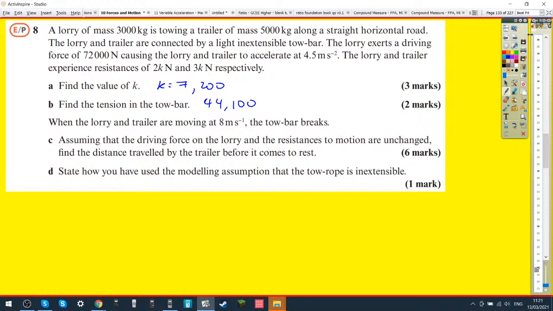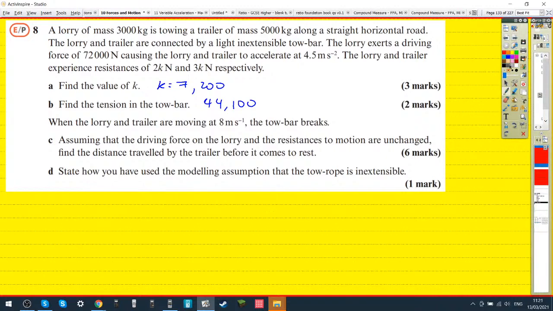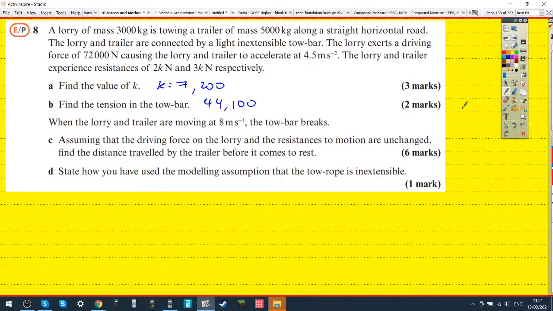Okay, let's do question C. So for this, we could use SUVAT. So we know that initial velocity is 8, final velocity is 0.